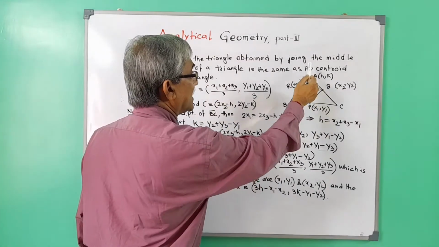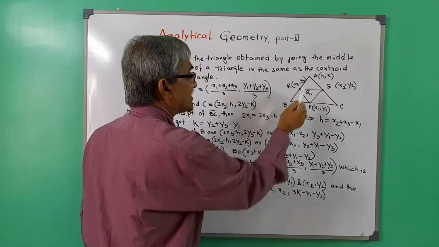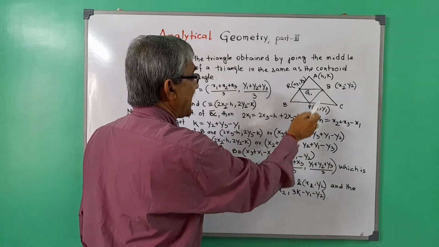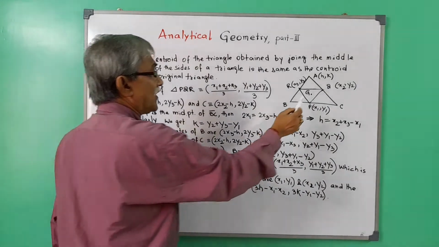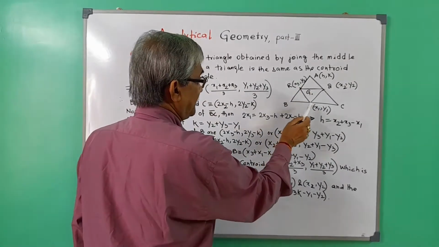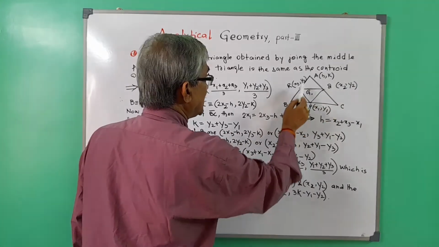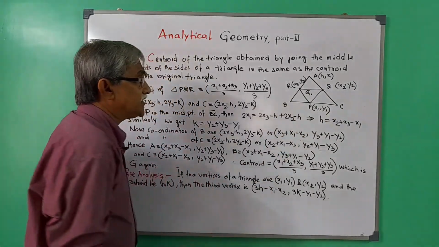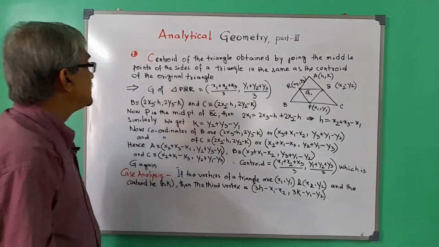Here is the original triangle ABC, and P, Q, R are the midpoints of the respective sides. We have joined them, forming triangle PQR. Let P (x1, y1) be the midpoint of BC, Q (x2, y2) and R (x3, y3) the midpoints of AC and AB respectively.